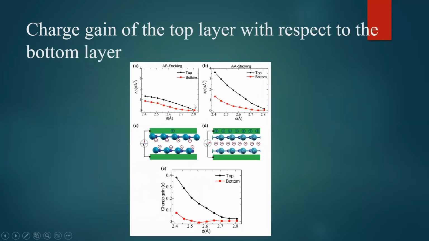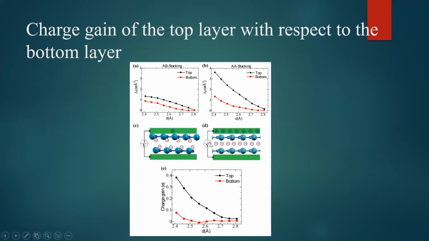In the next slide, it is going to show a comparison of how charge is accumulated in the top layer with respect to the bottom layer. Whether in the AB configuration or the A configuration, the top layer gets more charge compared to the bottom layer, and it is somewhat stronger for the A configuration. The charge difference between the top layer and bottom layer is even larger, and the more we decrease the interlayer distance, that is, compress the bilayer structure, the more charge the top layer gets.